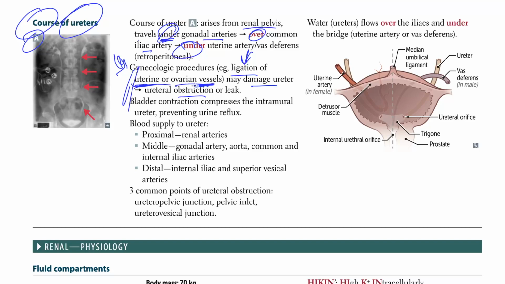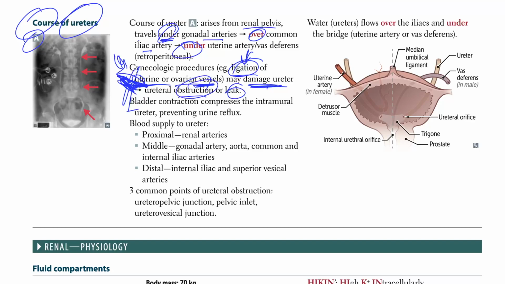So while ligating that, they also ligated the ureter. Now, when you damage it, it's going to either leak or cause obstruction, and you suture it up, it might cause obstruction, right? So either you're going to leak or causing obstruction.